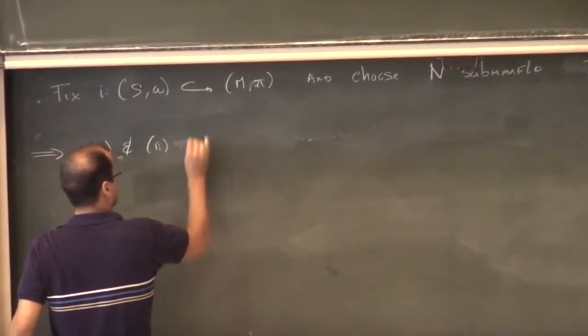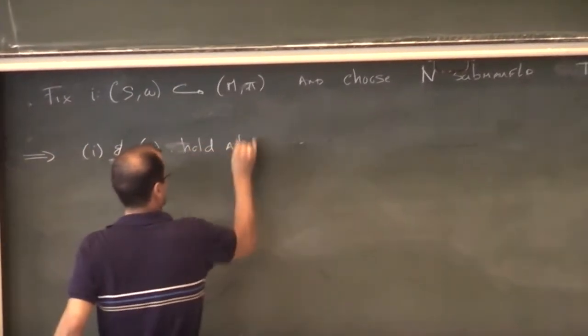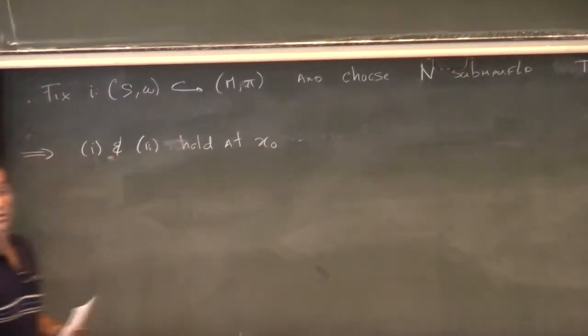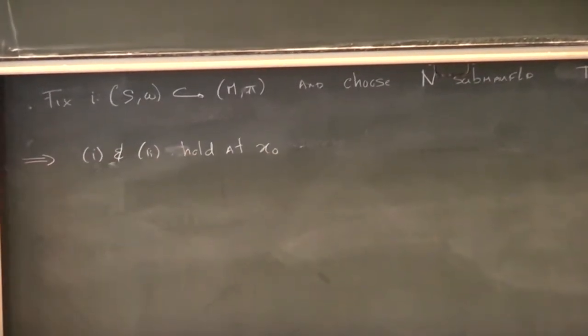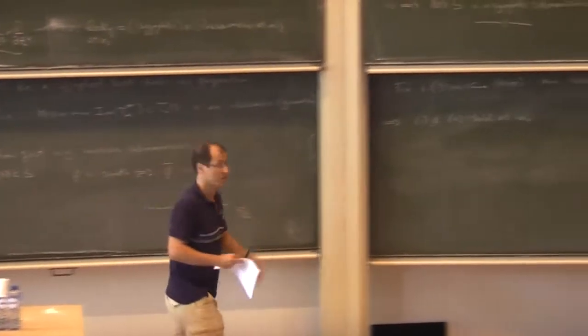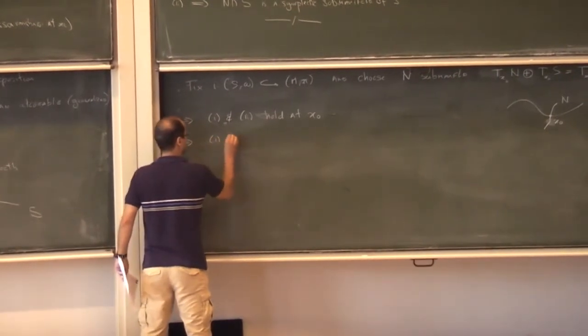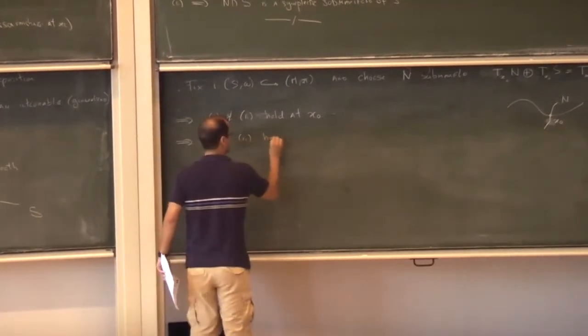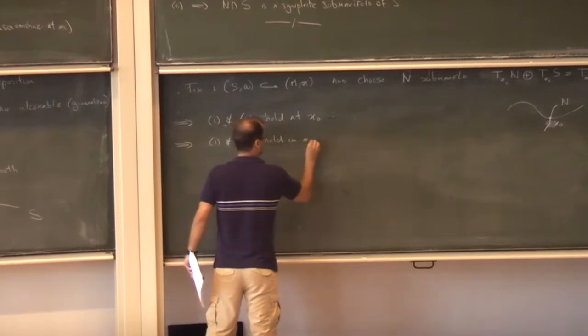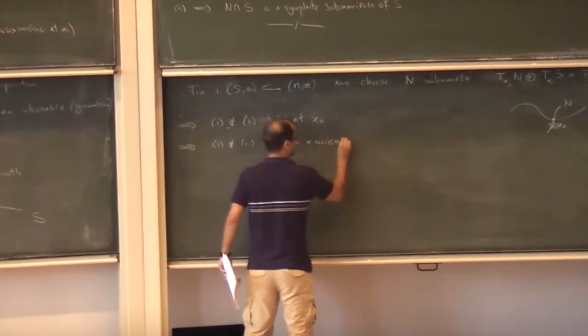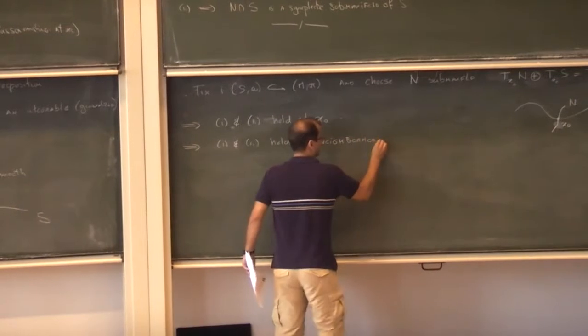But those conditions are open conditions. If they are satisfied at a point, they are satisfied in a neighborhood of the point. So this implies that 1 and 2 hold in the neighborhood of x naught.